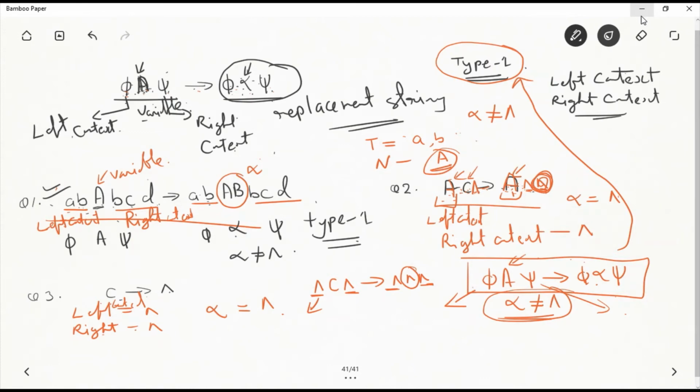Here you are seeing that alpha is equal to null, so this is not going to be the production of type 1. Again alpha is equal to null, so this is again not the type 1 production. Okay, ये चीज क्लियर है। Yes or no? Yes, sir.